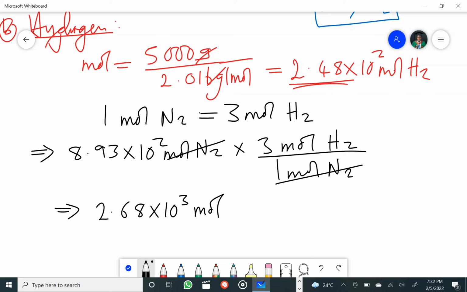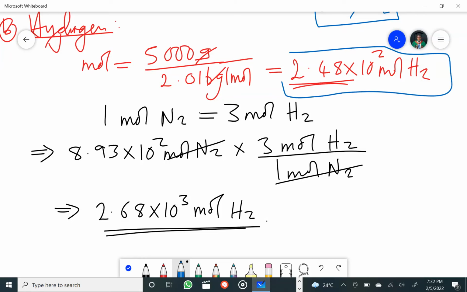Moles of hydrogen. So what this is telling you is that for the 893 moles of nitrogen that we have, the amount of hydrogen that will react equally with that amount of nitrogen has to be 2680. Now look at the number of moles that we have for hydrogen.